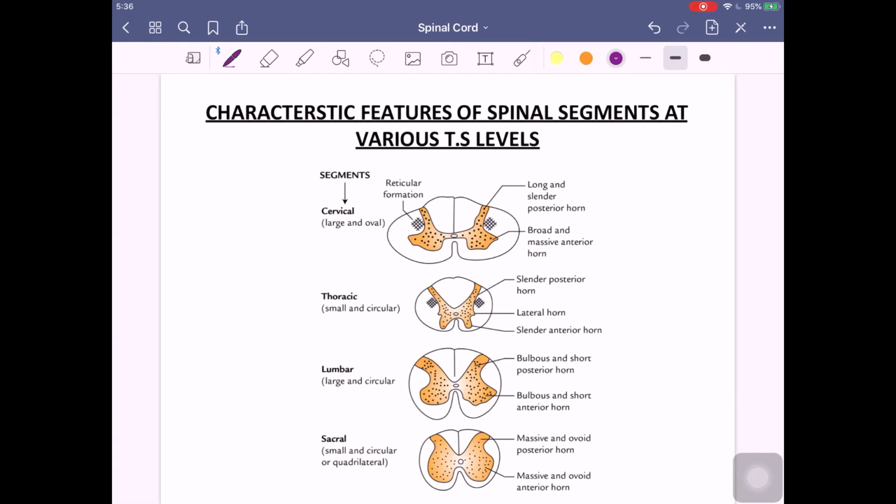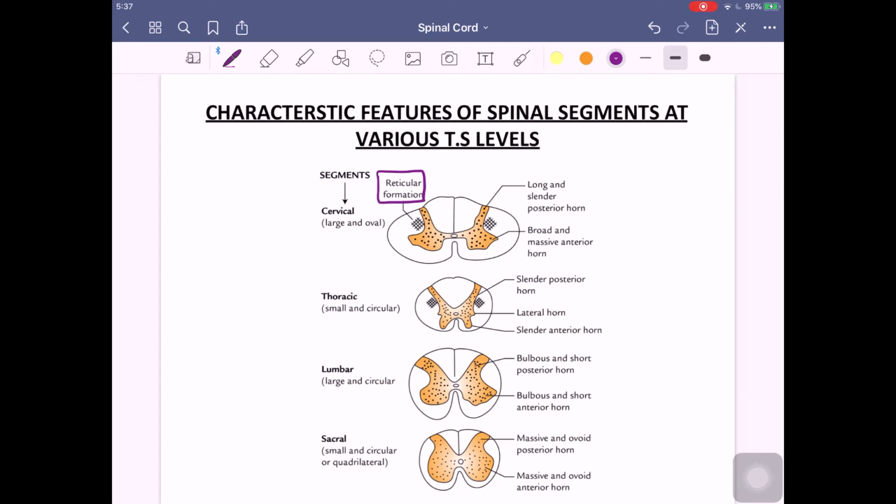Now here you can see another thing, something called the reticular formation, which is this one. The reticular formation is a network of cell bodies and myelinated nerve fibers which extends from the cervical segment of the spinal cord, through the foramen magnum, then the medulla oblongata, pons, midbrain, and thalamus, up to the reticular nucleus.